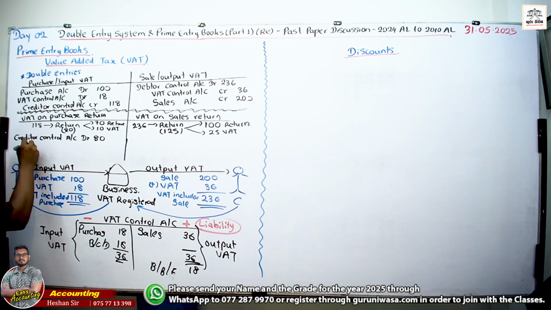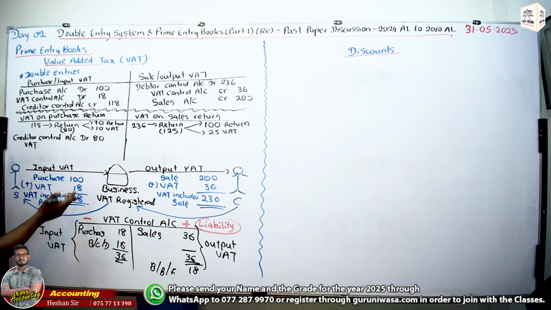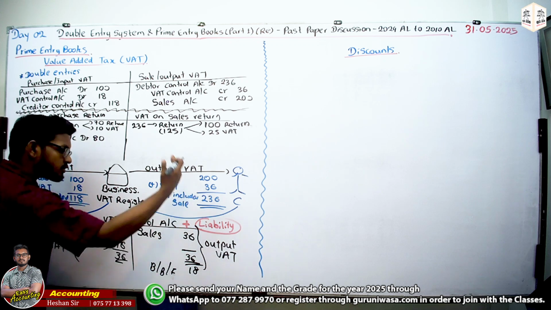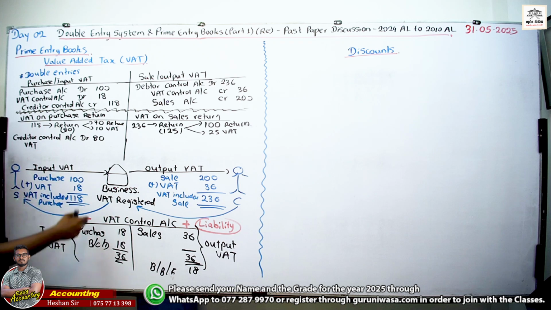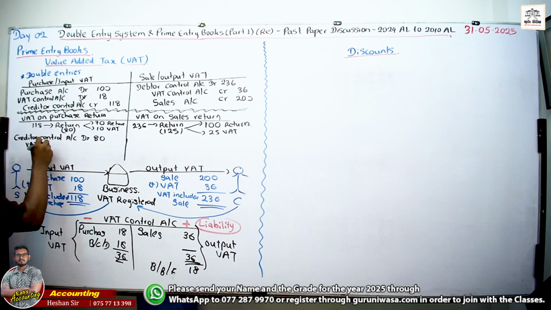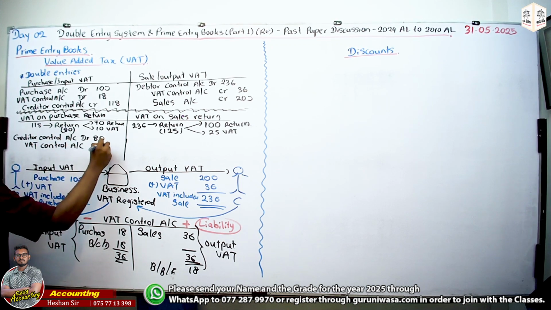When we purchase, we pay VAT and our VAT liability decreases. But when we return, from that value we need to increase the liability. VAT control account credit 10.